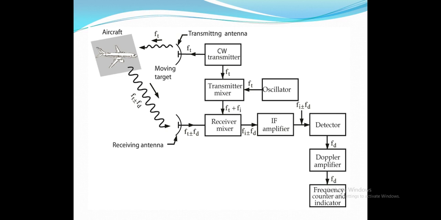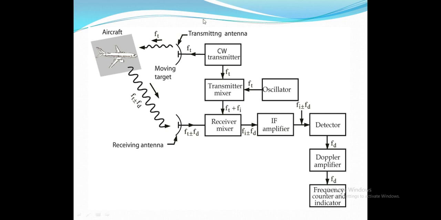The amplified Doppler frequency Fd is displayed as the velocity of the target in kmph or miles per hour in the frequency counter and indicator. So this is all about continuous wave radar.